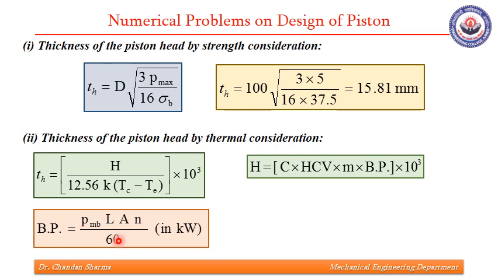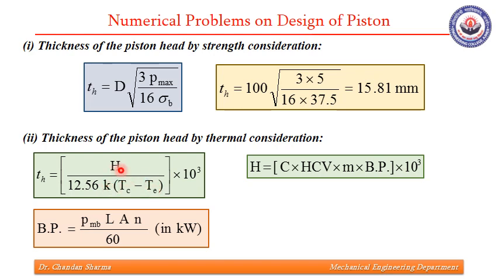So first we need to find BP from the given diameter. Then, since C, fraction of heat absorbed by piston, HCV, and M, specific fuel consumption, are given to us, we can find H. Here also the value of K and TC minus TE is given to us.